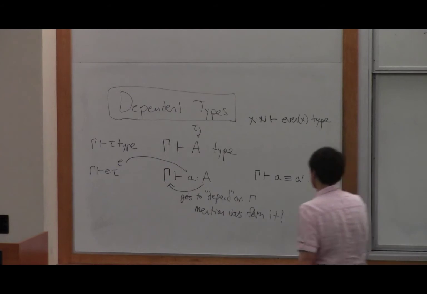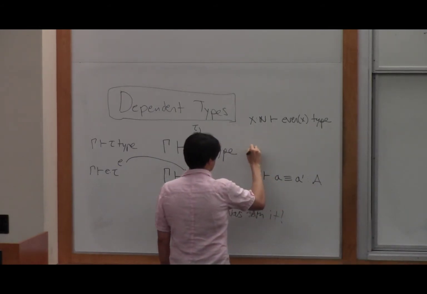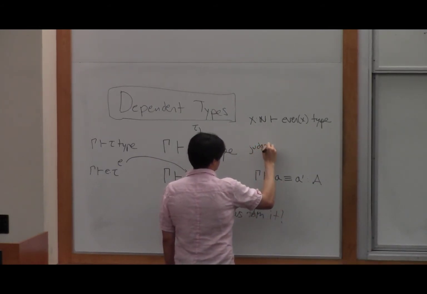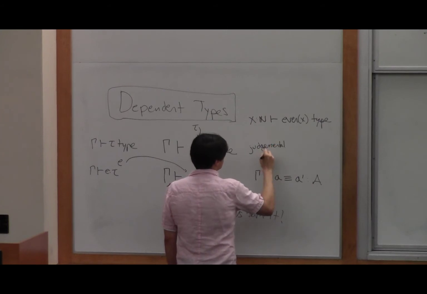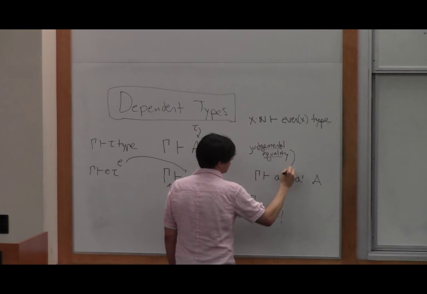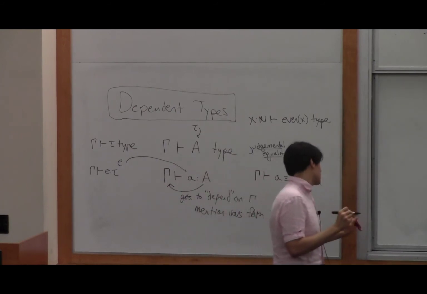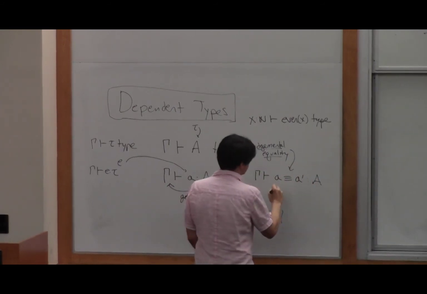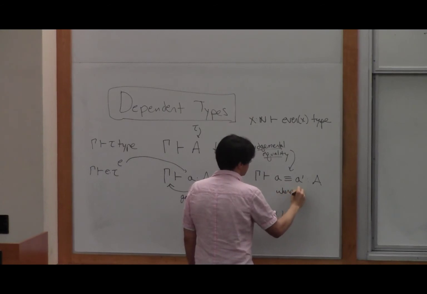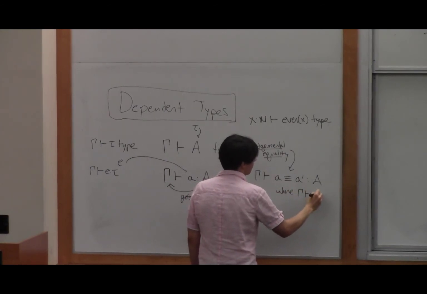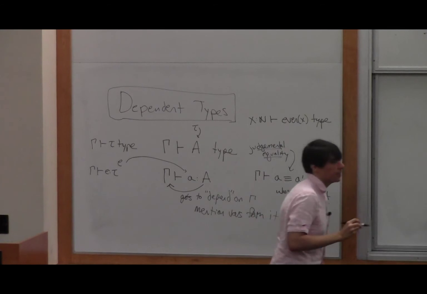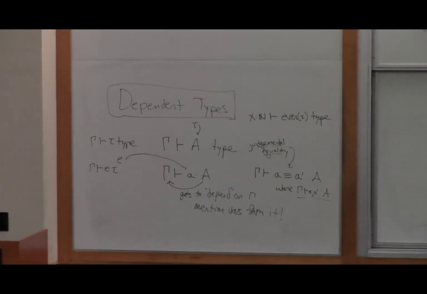But so this is going to be some notion here of what's called judgmental equality of terms. So this is a judgment that says when are these two terms, which are presupposed to both have type A, equal. And it's pretty subtle what this should mean. There's a lot of points of view on it. It's not at all a fixed thing.